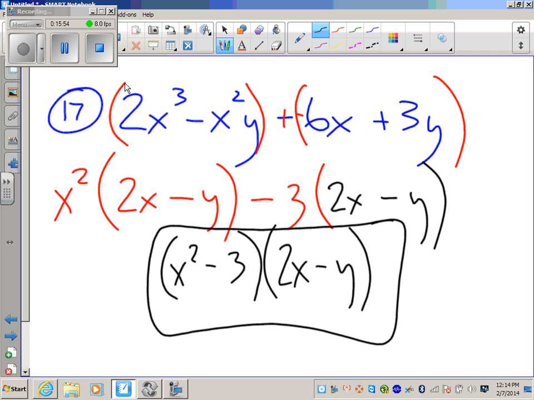Now, I will make you aware of something. Sometimes, let's see if I can find the situation. I can't see it, but let's just for a minute entertain the idea. When this is all said and done, I get an x squared, and it ends up being minus 9.